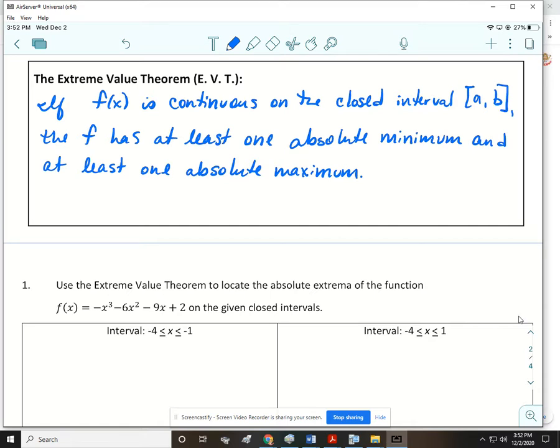So when you have a closed interval, there's going to be the highest and lowest points on the graph, as long as the function is continuous within that interval.